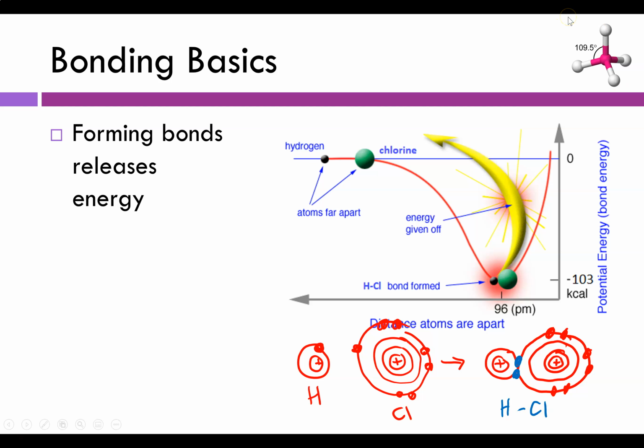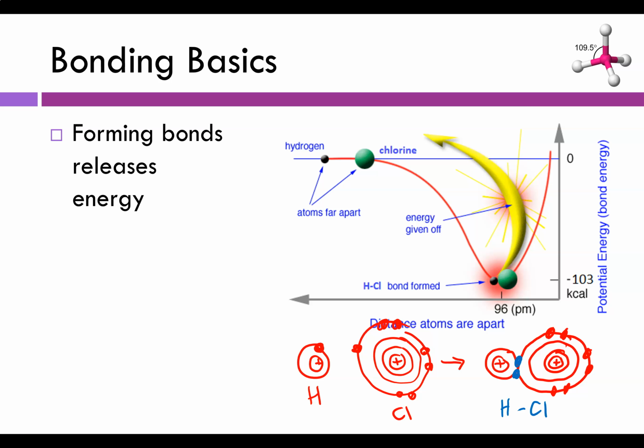So we know that completing an octet is going to decrease the energy of the atom and stabilize it. So it makes sense that forming a bond should release energy. I'm taking chlorine and hydrogen and I'm completing their valence shell. That's associated with energy loss and stability. If I try to go in the opposite direction, if I try to take my HCl, which is bonded together now, and rip it apart, I'm going to have to put energy in, as neither hydrogen nor chlorine really wants to exist as independent atoms.